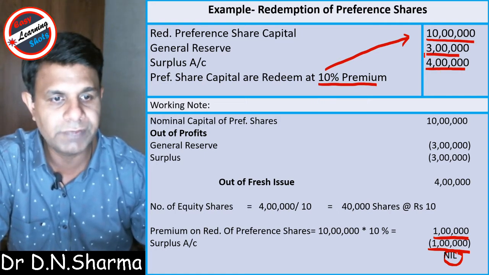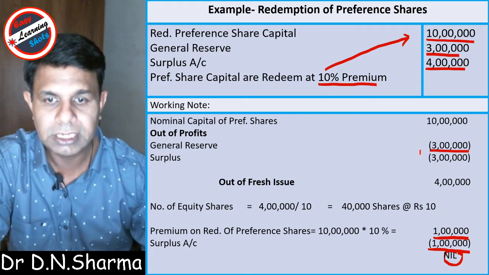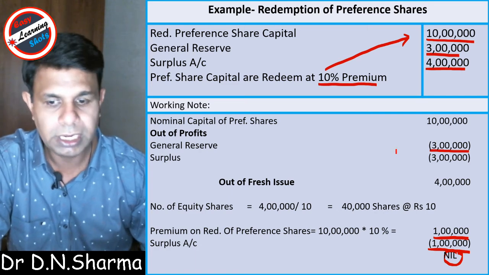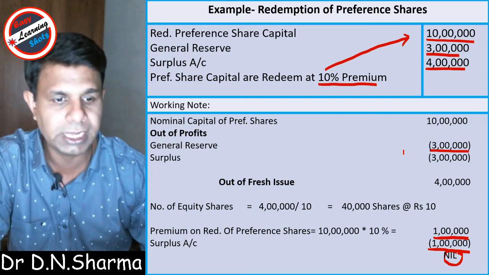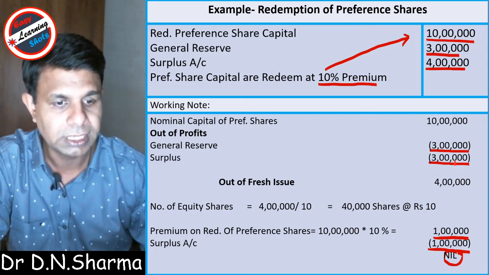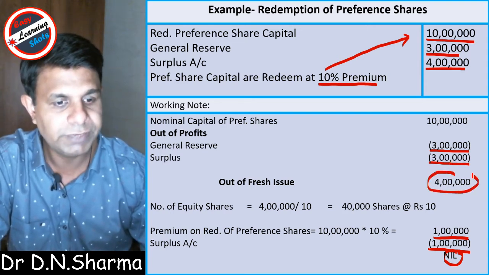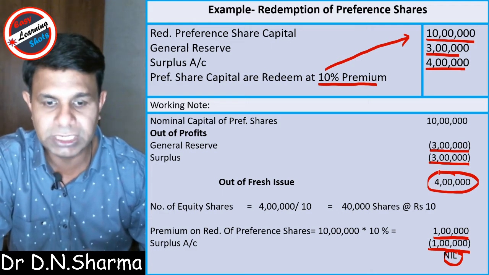Here in general reserve we have 3 lakh. So we take 3 lakh from general reserve, and in surplus account we have already adjusted 1 lakh in premium on redemption. So the remaining amount in surplus account is 3 lakh. So we take the whole amount, that is 3 lakh. So the remaining amount is 4 lakh, which we can adjust out of fresh issue, by issuing equity shares.